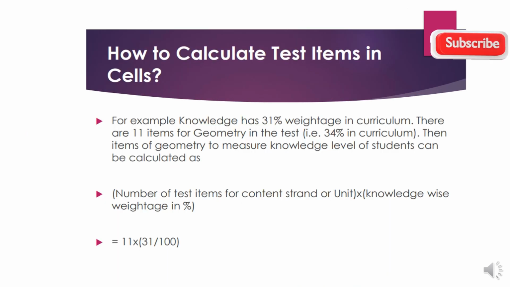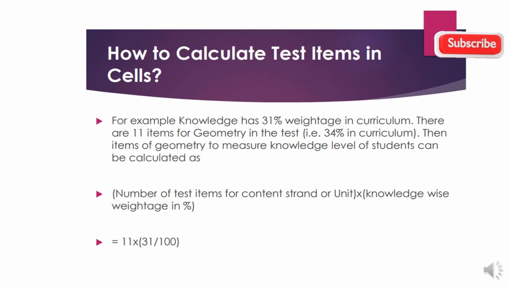Now, how to calculate test items in cells? For example, knowledge has 31% weightage in the curriculum, and there are 11 items in geometry in the test. For example, 34% in curriculum.